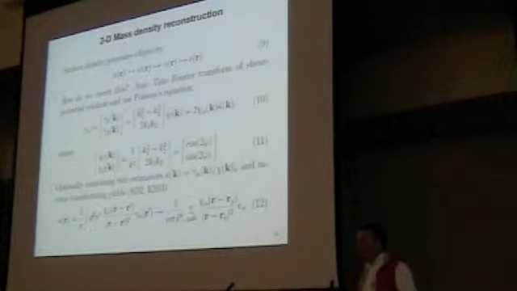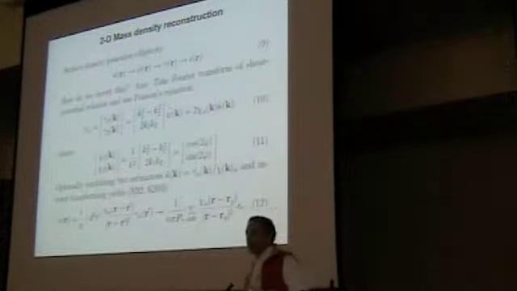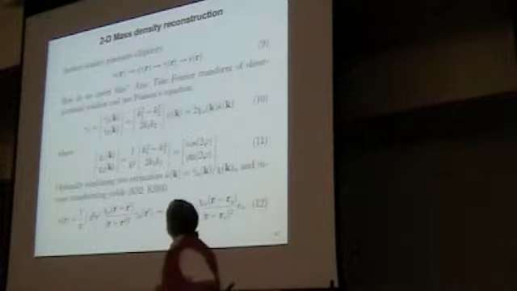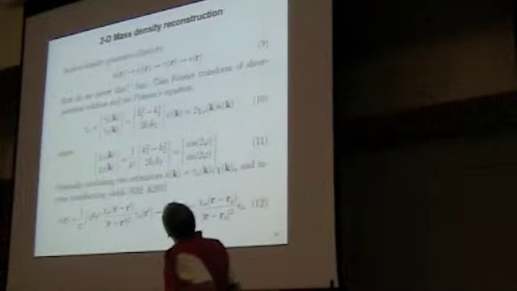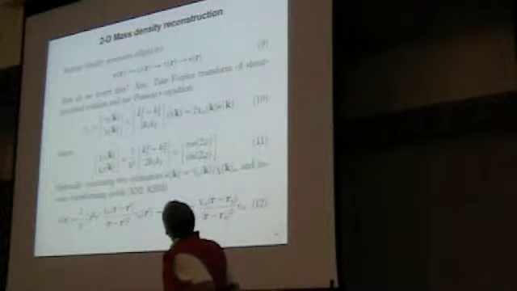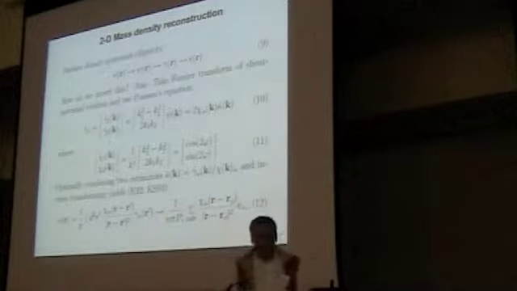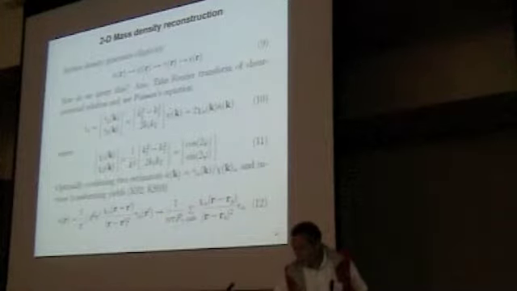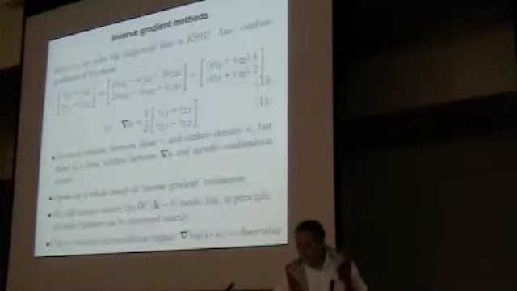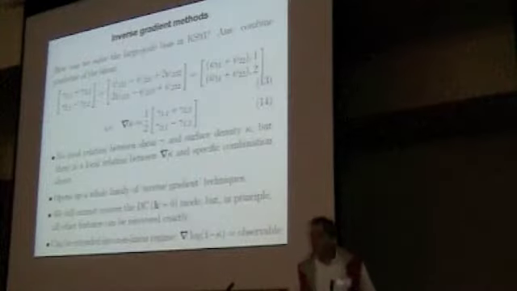Now, a completely different way of reconstructing the mass density is shown here, where you can take Fourier transforms of the shear field and relate them to the Fourier transform of the mass density. That's the KS93 method.